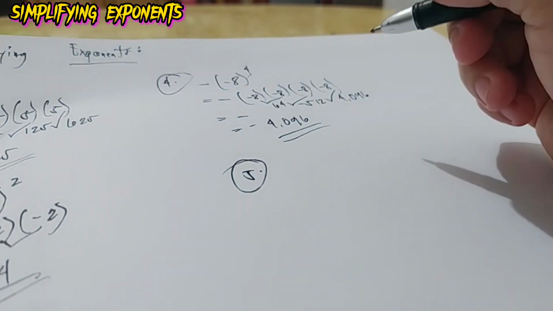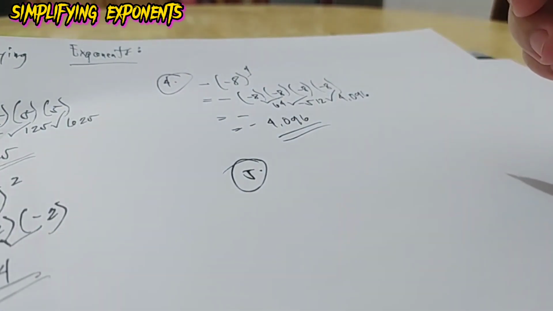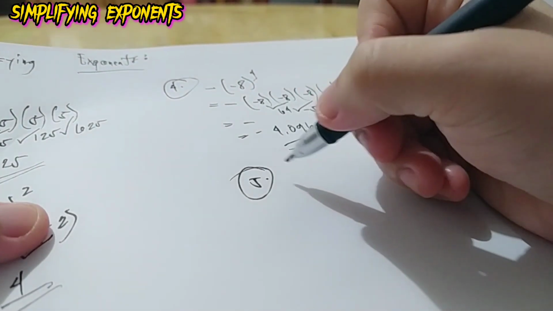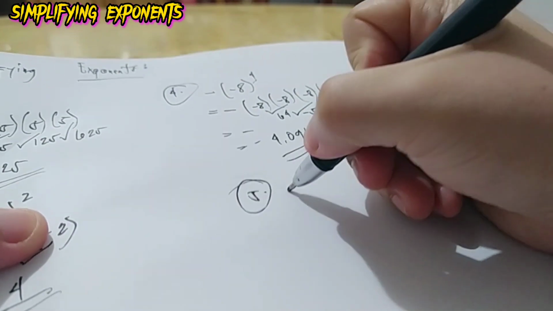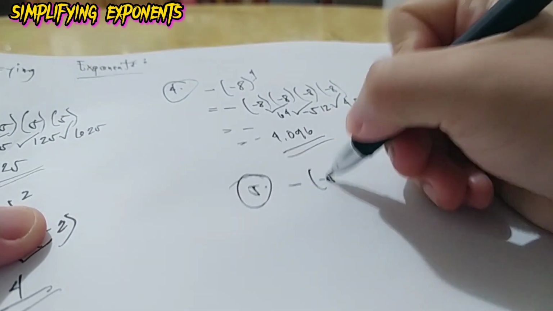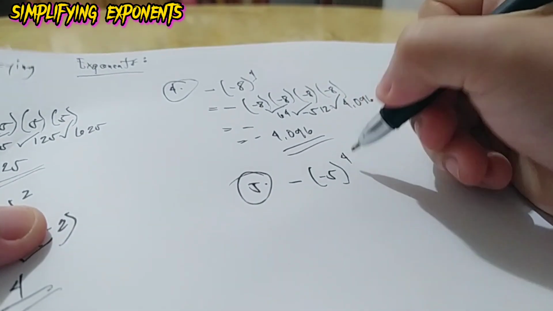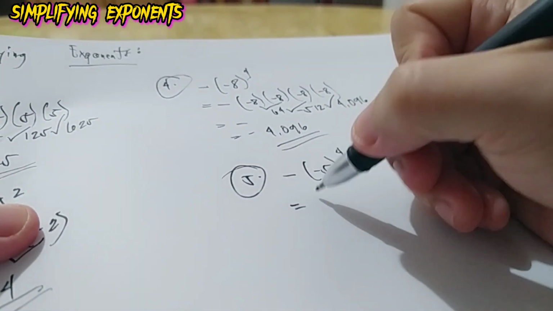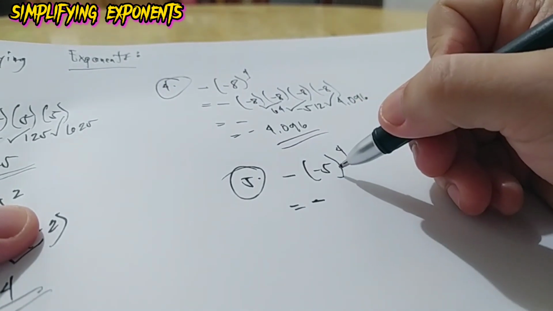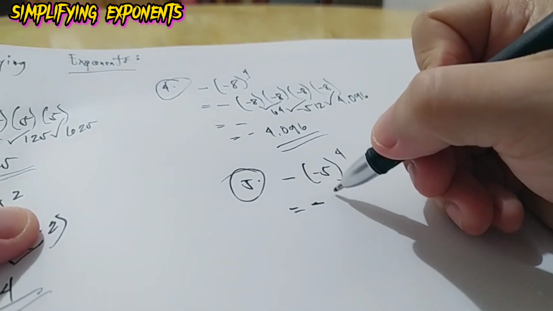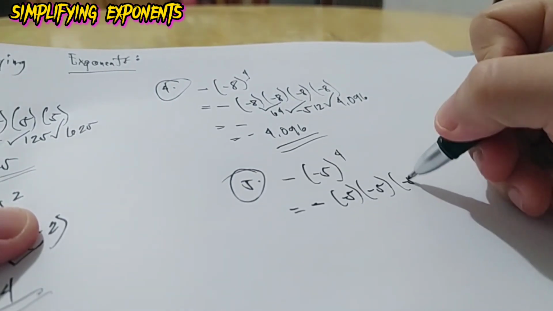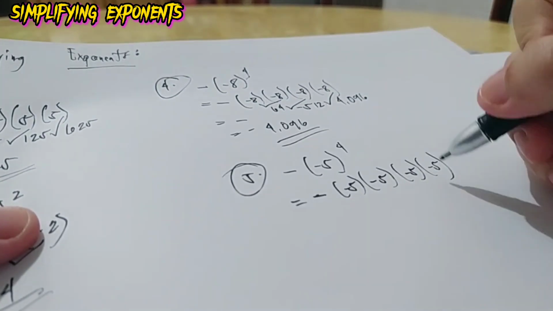Number 5, example, ay gaya lang din yan. Halimbawa, yung nakalabas yung negative sign. Ayan. So, another example, negative of negative 5 raised to 4 ulit. Now, copy ulit natin si negative sign and then multiply negative 5 ng 4 na beses. Negative 5 times negative 5 times negative 5 times negative 5. 4 times.